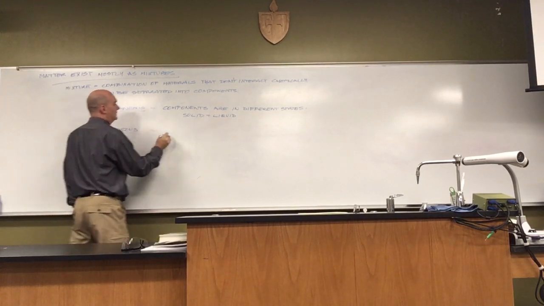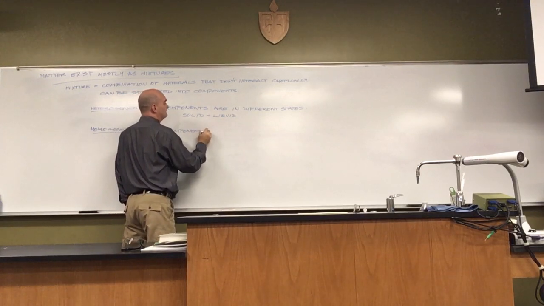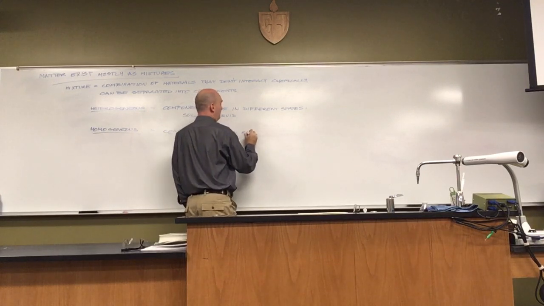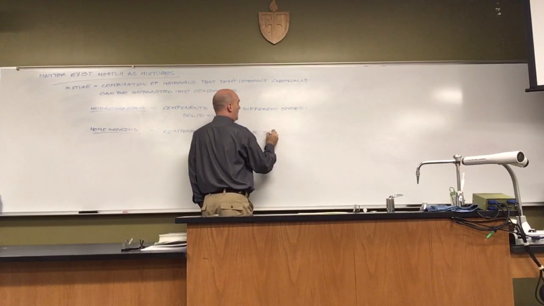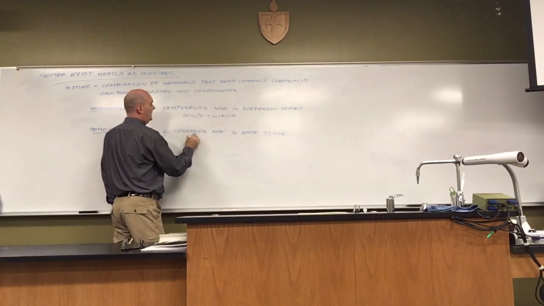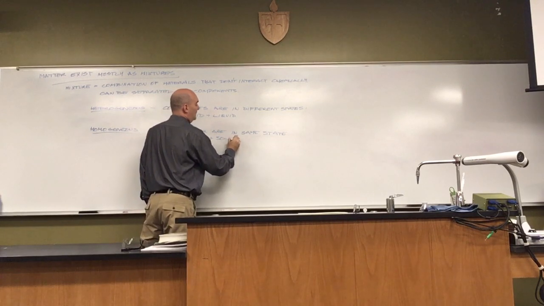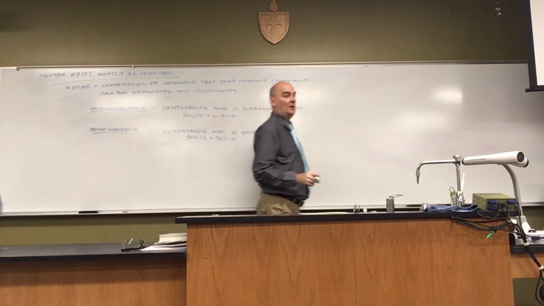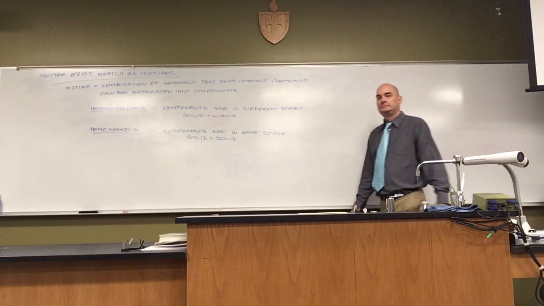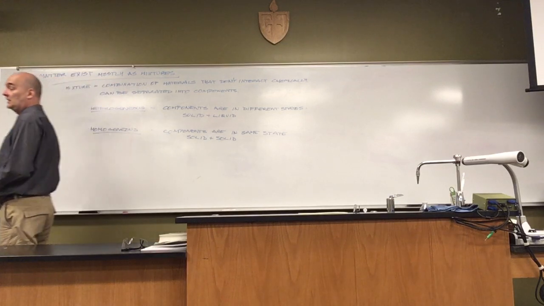Homogeneous mixtures exist when the components are in the same state. That could be two solids mixed together. I've got sand with glass in it. I've got sand with rocks in it.